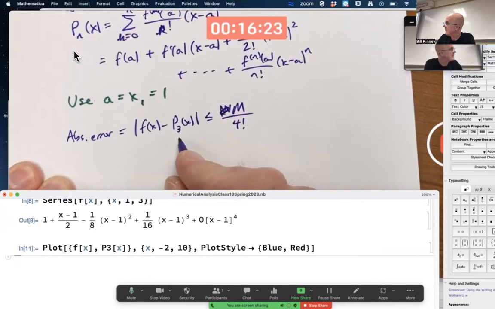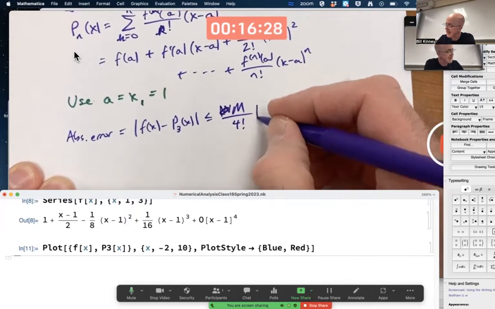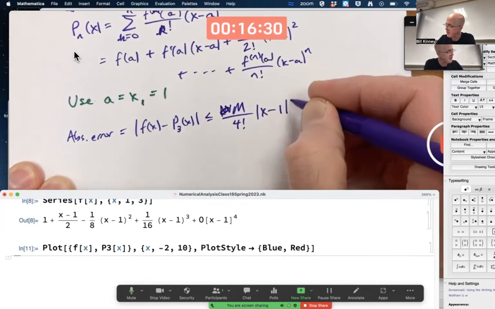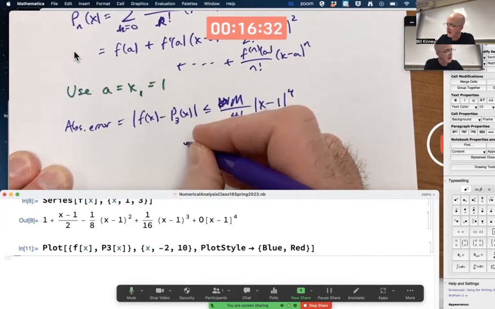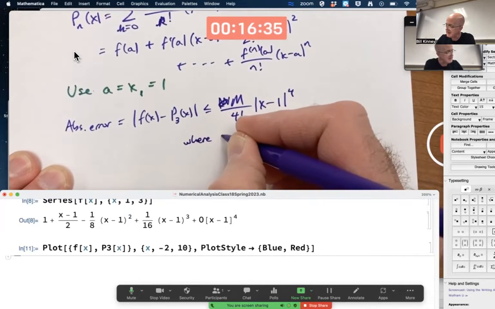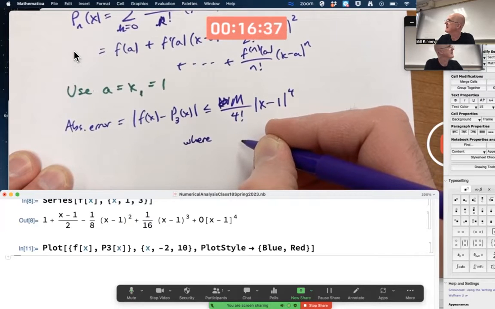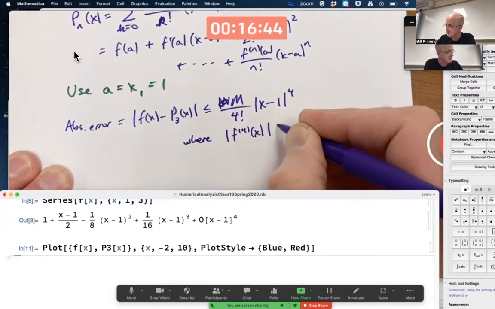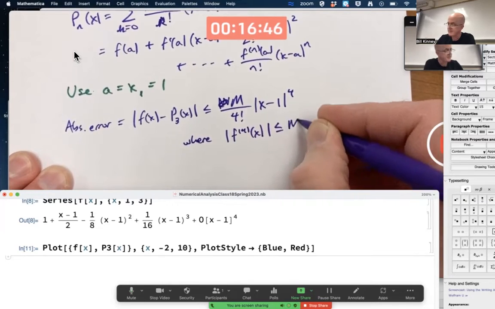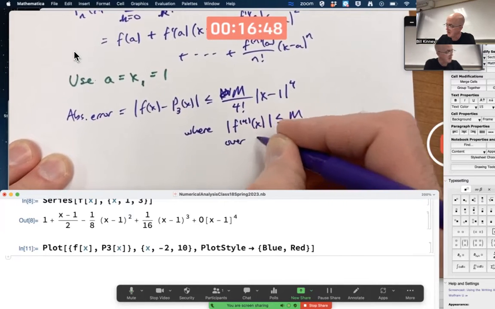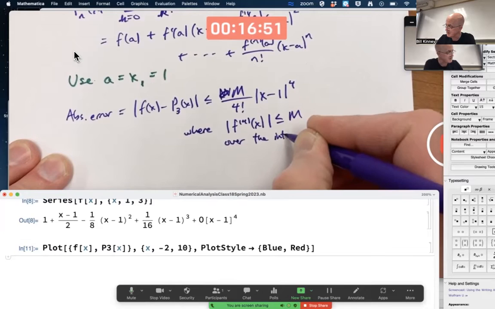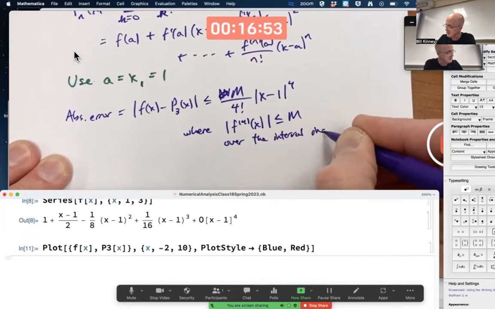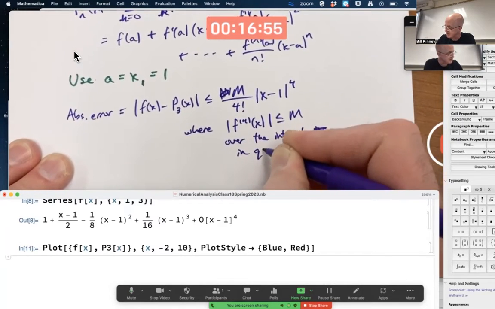You have to increase the n by 1. Remember, dividing by n plus 1 factorial. Times the absolute value of x minus a to the 4th power, where M is an upper bound on the absolute value of the 4th derivative of the function over the interval in question.